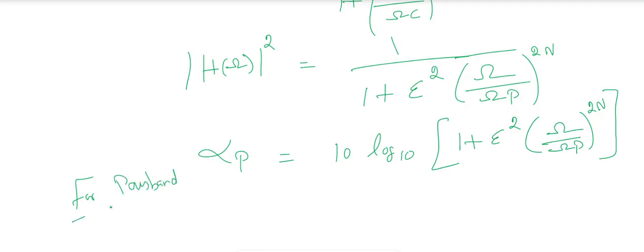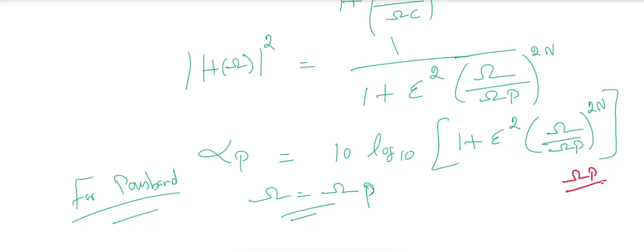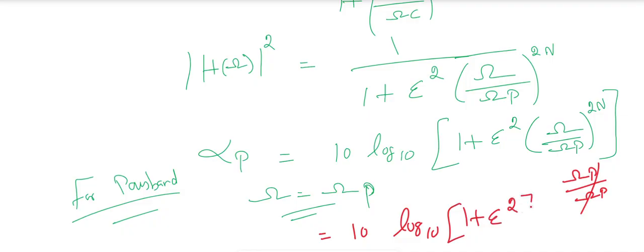Okay, so for pass band, if omega is equal to omega p, then omega p by omega p will be cancelled. So it will become 10 log 10 of 1 plus epsilon squared, this term will be cancelled.